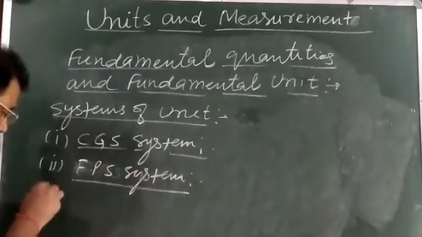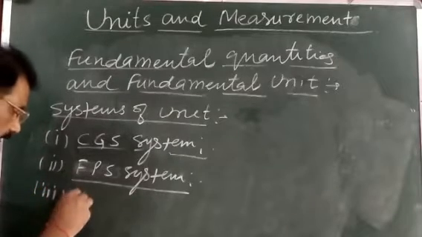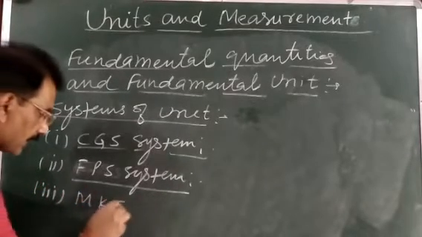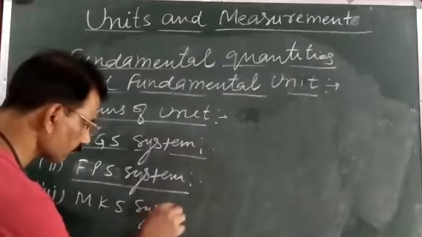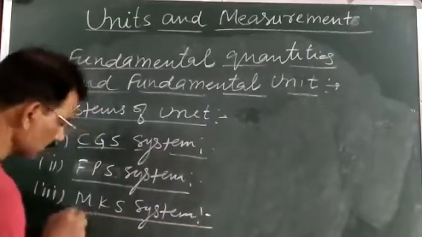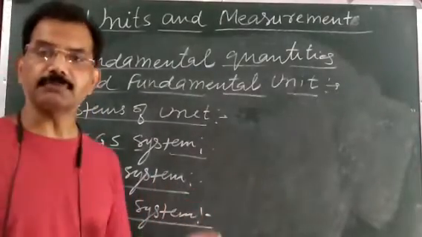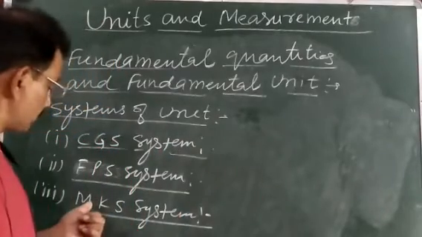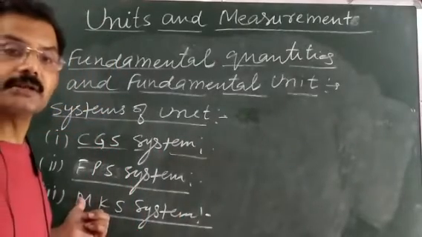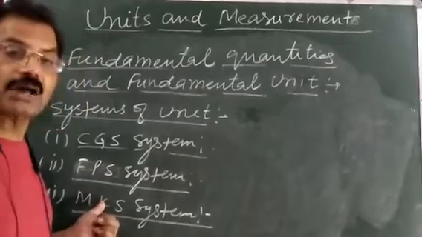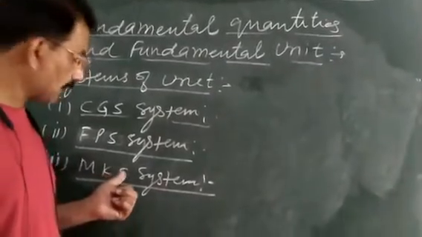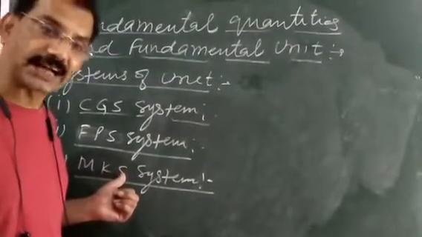And the third one is the MKS system. The MKS system is that system in which length is measured in meter, mass is measured in kilogram and time is measured in second.